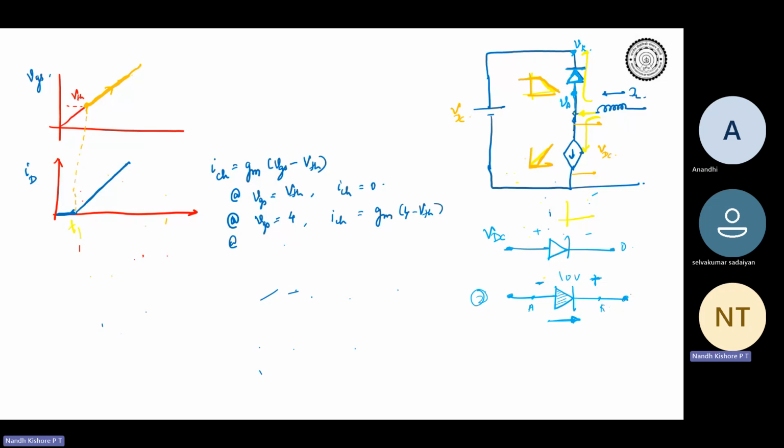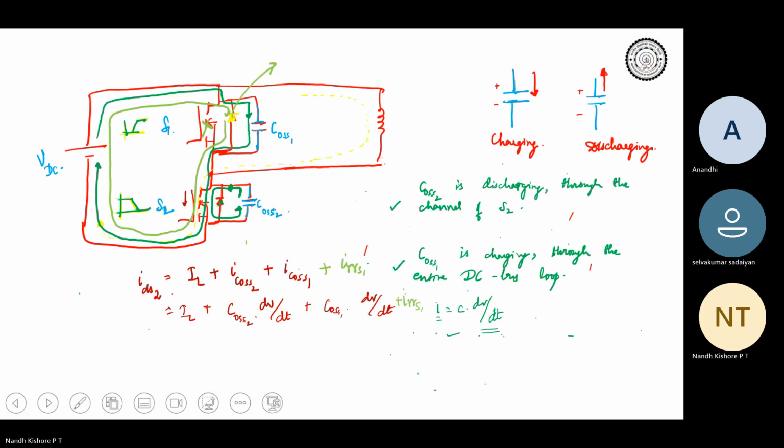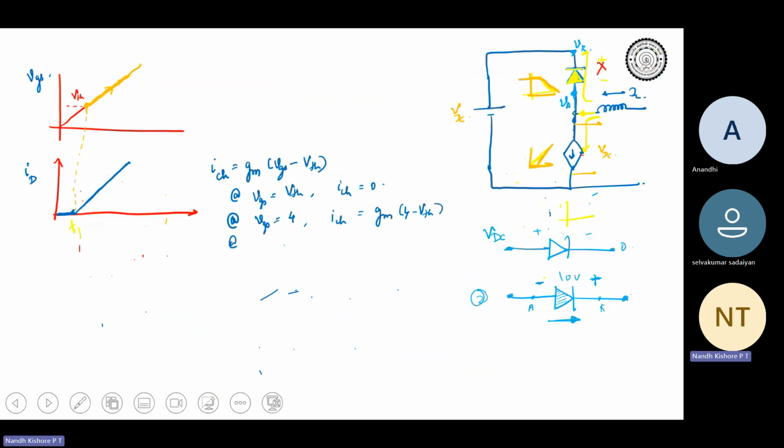So as long as this diode is conducting, there cannot be any voltage across the diode, and so there cannot be any voltage across S1.